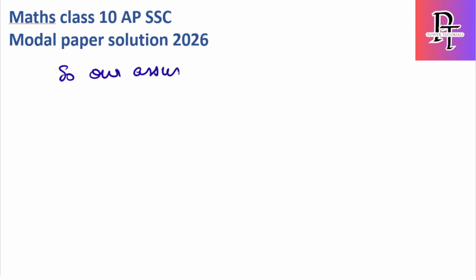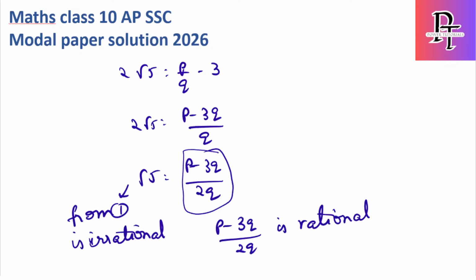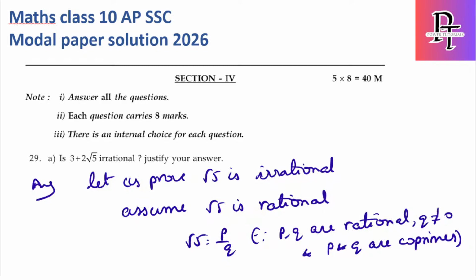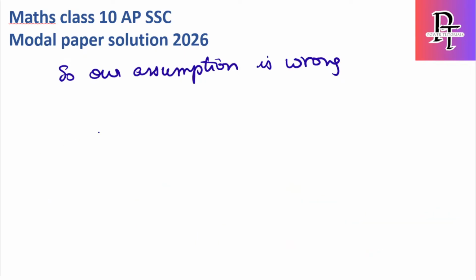The assumption is wrong. That is, 3 plus 2 root 5 is irrational.